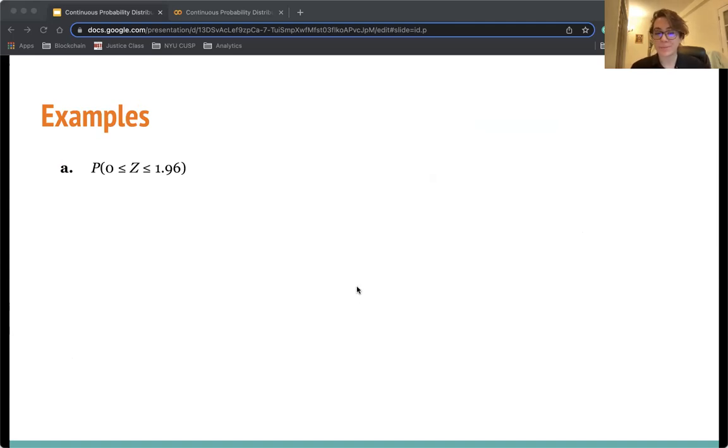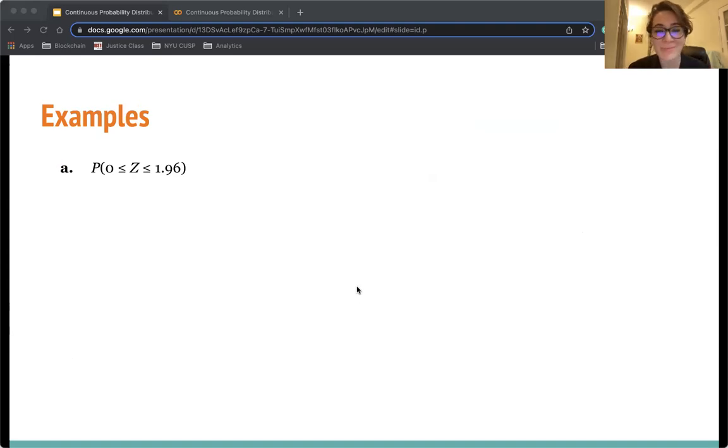So let's start with calculating the probability of seeing a value that falls between 0 and 1.96 standard deviations above the mean. This will be very similar to what your homework question would look like.